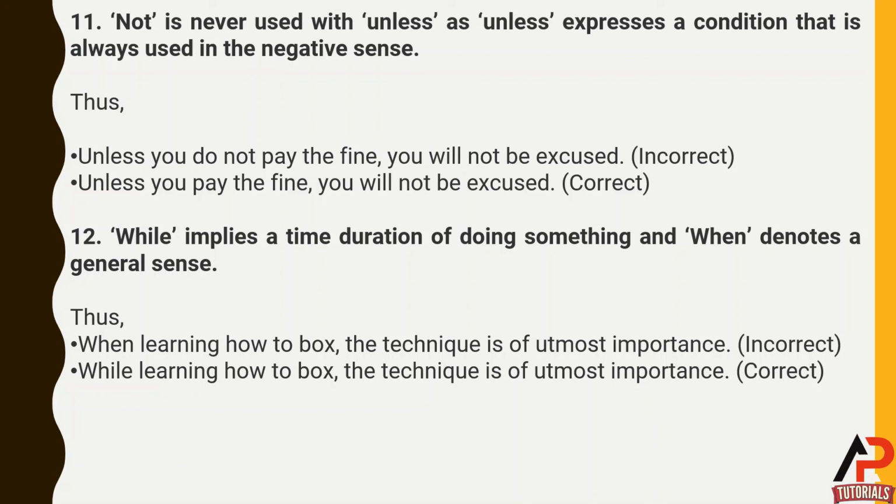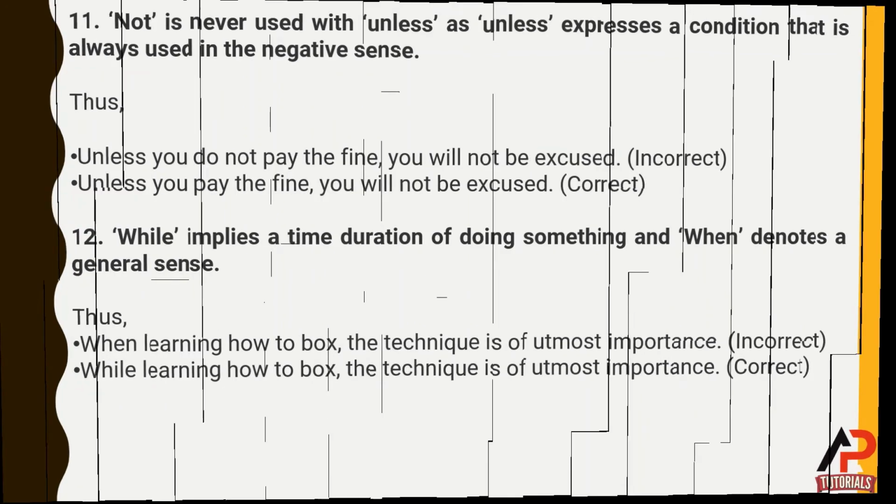We are talking about timing here. Because he is learning, and it is a process, and it also takes time, we are talking about time duration here. So when is the wrong option here, so we will replace when with while. So the correct answer is, while learning how to box, the technique is of utmost importance.